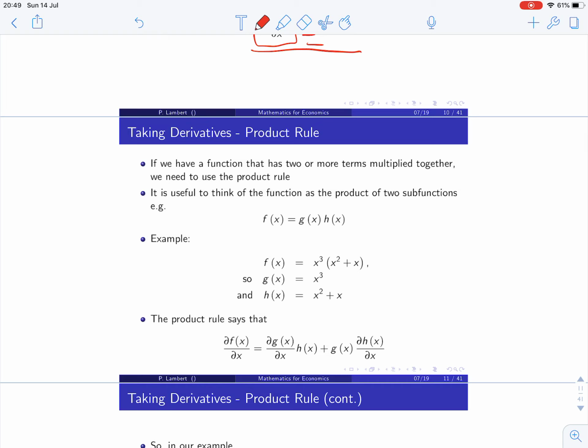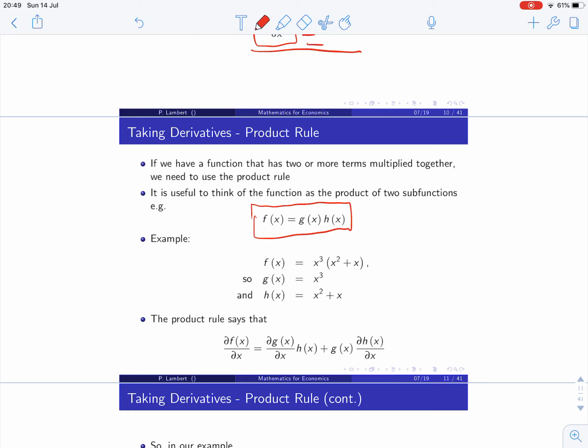We also have something called the product rule, which is used in a situation where we have a function that can be expressed as the product or the multiplication of two other functions. So we can think about these kinds of cases as pertaining to situations when we could identify two different functions within this function.